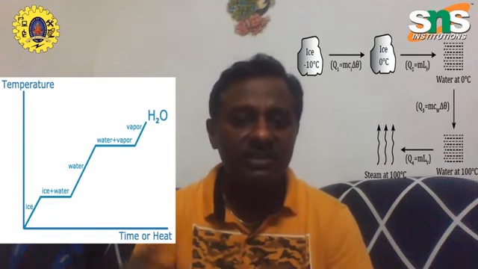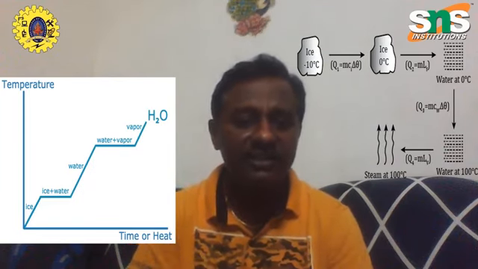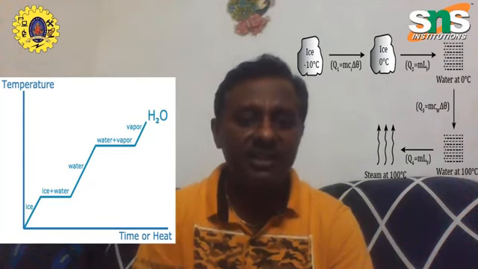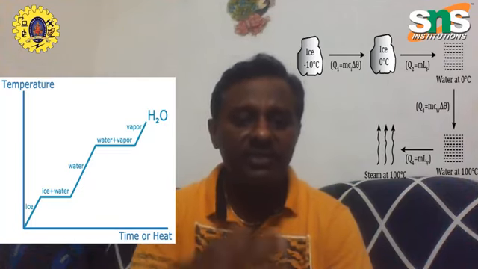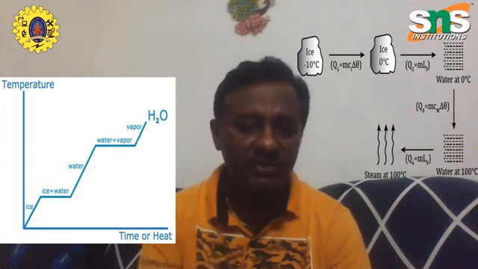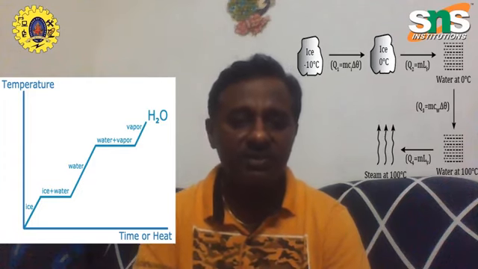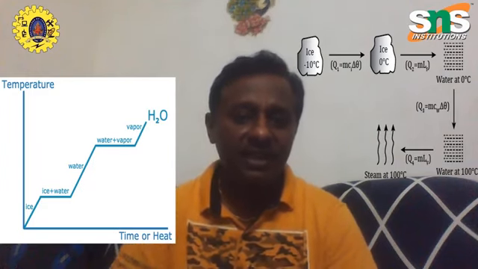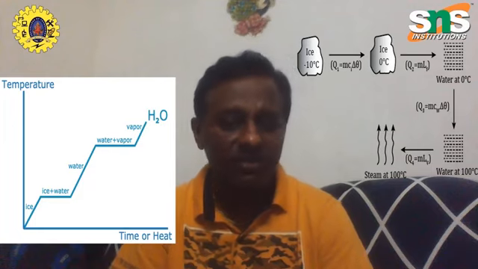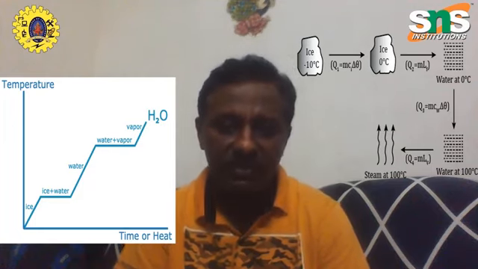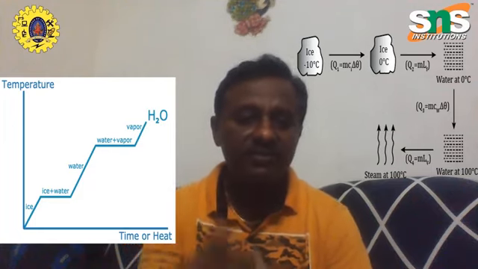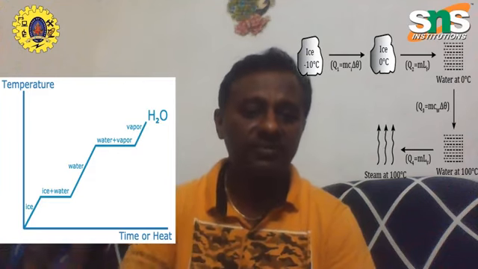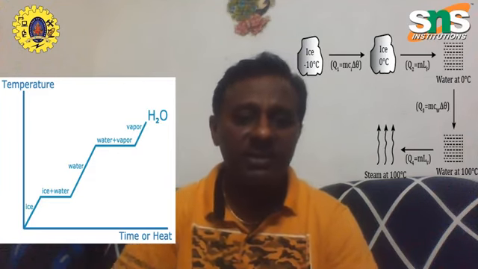Then it goes on increasing. Now you just add the heat. That means due to the latent heat of steam, this x value goes on increasing from 10% to 20%, 30%, 40%, 50%. If x keeps increasing and reaches 100%, that is x equal to 1, what happens? 100% of the steam will be dry steam, no water particles.